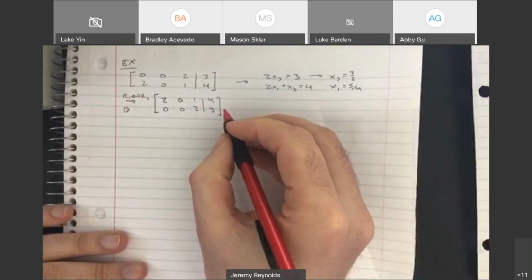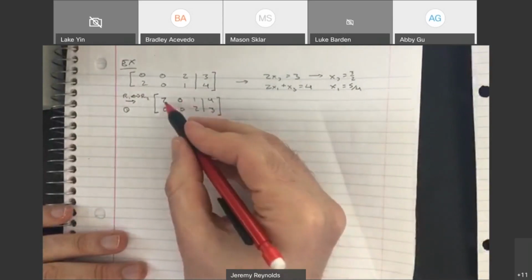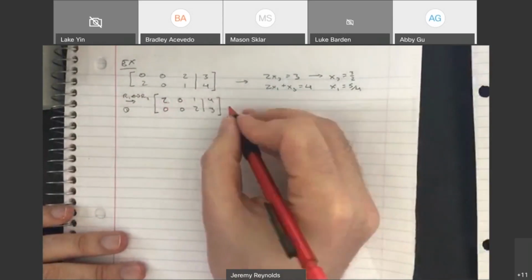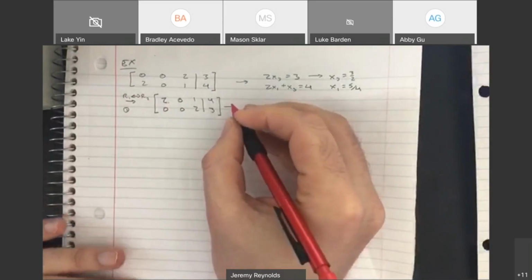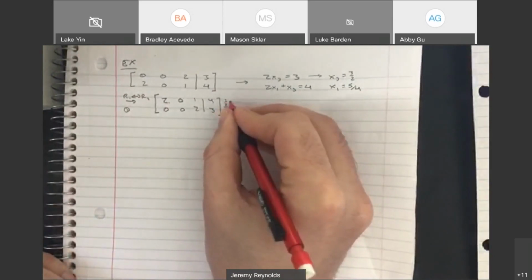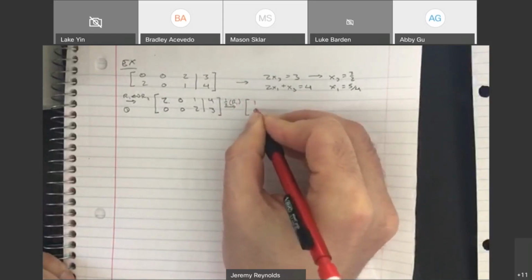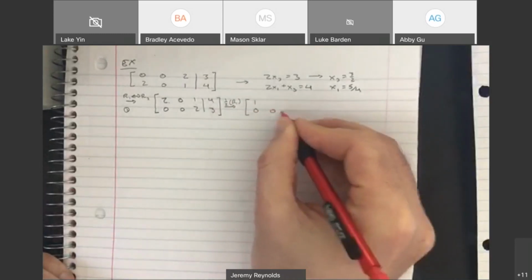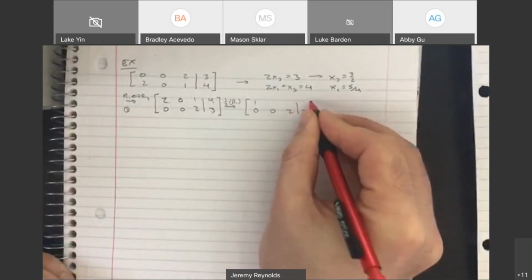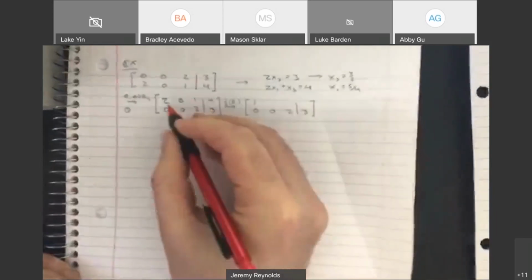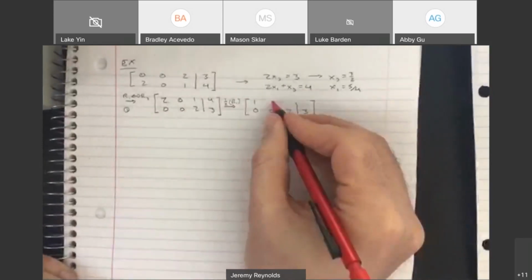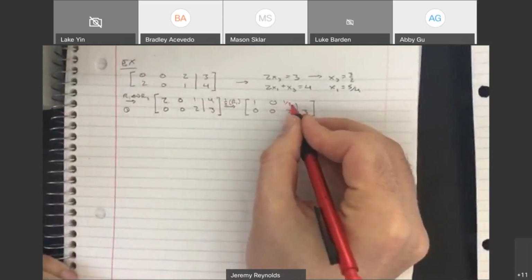Now the next thing we need to do, in order to get echelon form, is to have a 1 in the upper left. So in order to do that, we're going to take 1 half times row 1. The bottom will stay the same, and the top will be 1 half times 2 is 1, 0, 1 half, 2.